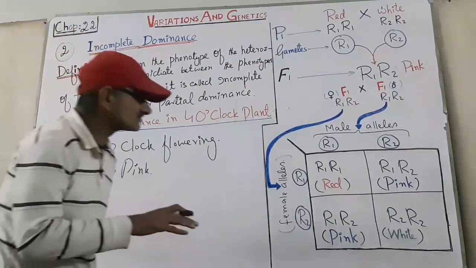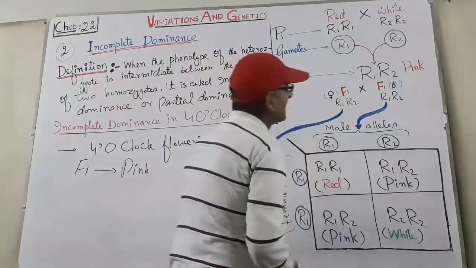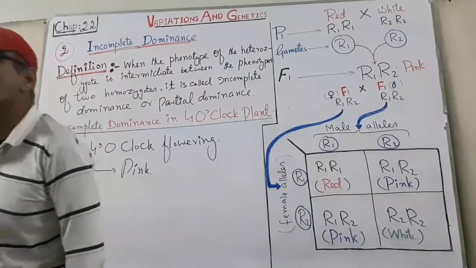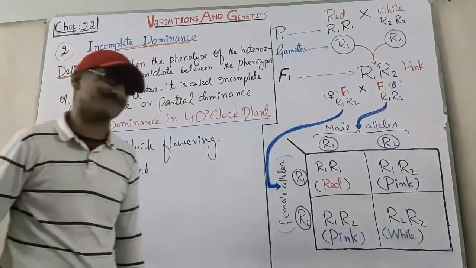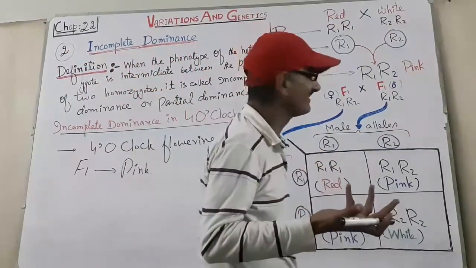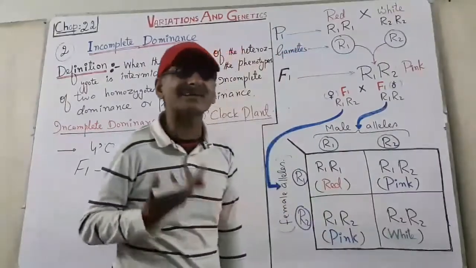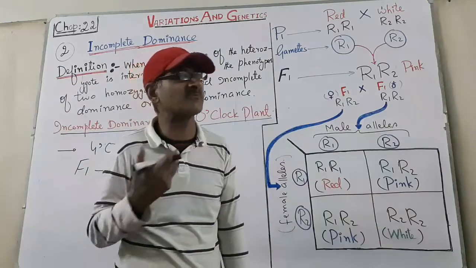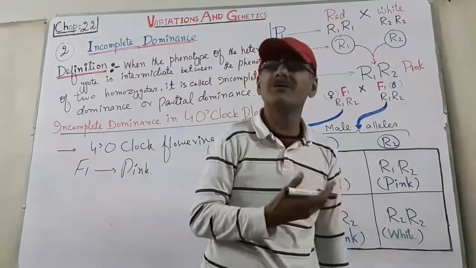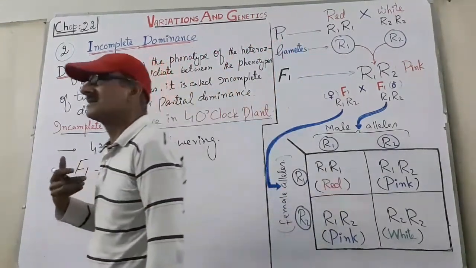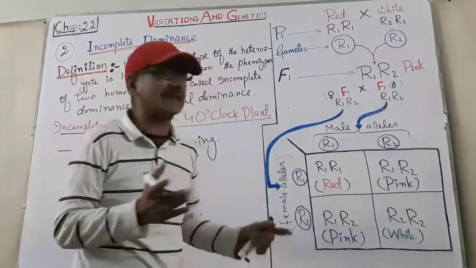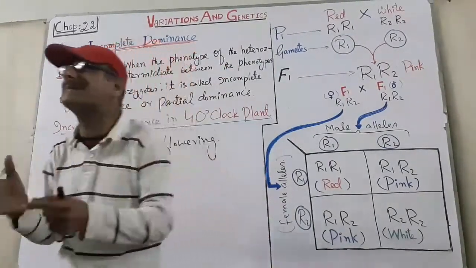And so in this case there is no complete dominance, no true dominance, but it is intermediate between the two colored flower plants, and there is mixing or blending of phenotypes.